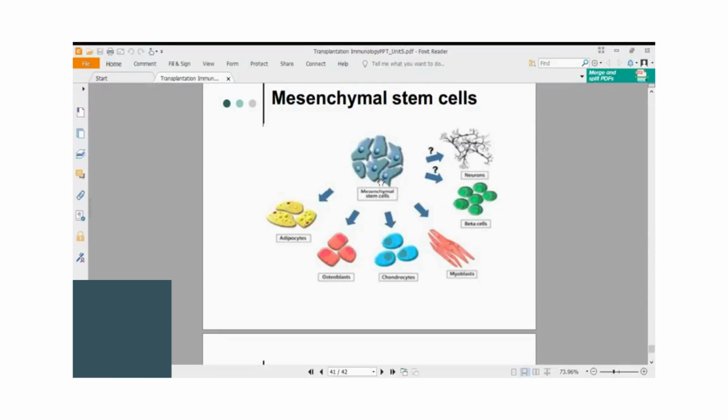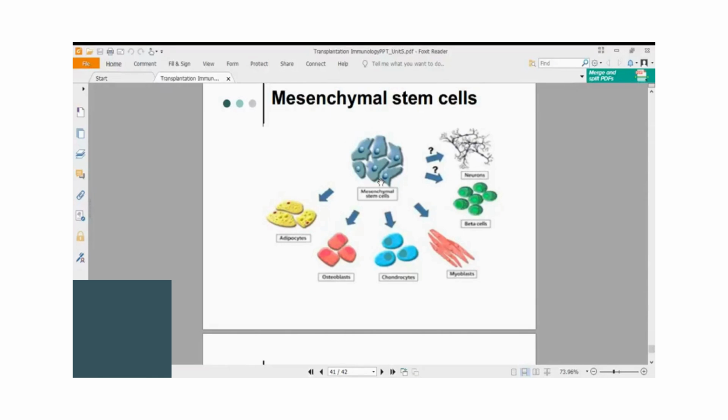Only when they differentiate to form the organ and the organ is formed, the differentiated cells will express the MHC. That is the reason, even though the stem cells can be easily transplanted into an unmatched MHC person, later if you coax those stem cells to grow into a particular organ or repair that tissue, that part can get rejected once the differentiation takes place, because it will express the MHC of the donor.